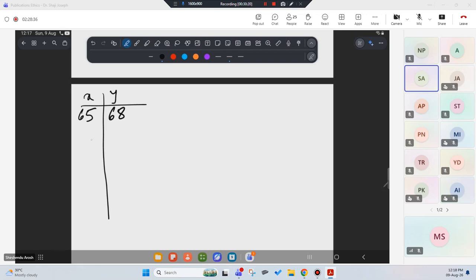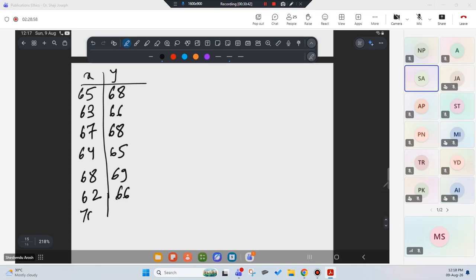So let's put the x values: 65, 66, 67, 67, 68, 69, 70, 72. And y values: 67, 68, 65, 68, 72, 72, 69, 71. 1, 2, 3, 4, 5, 6, 7, 8.